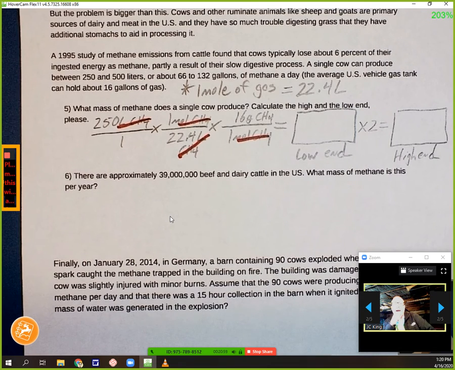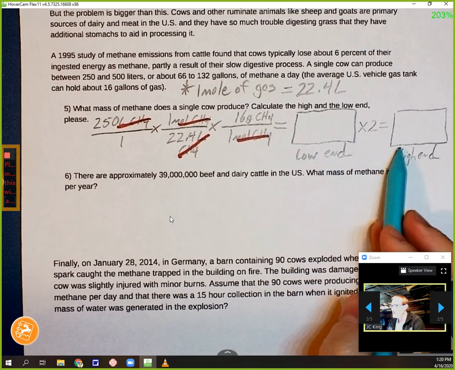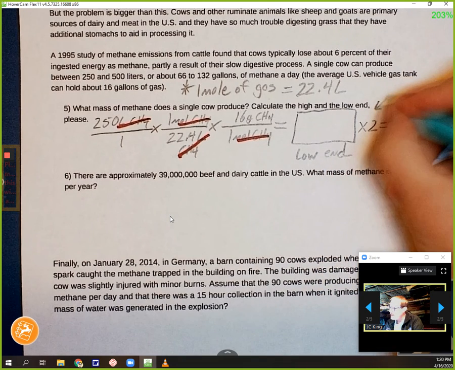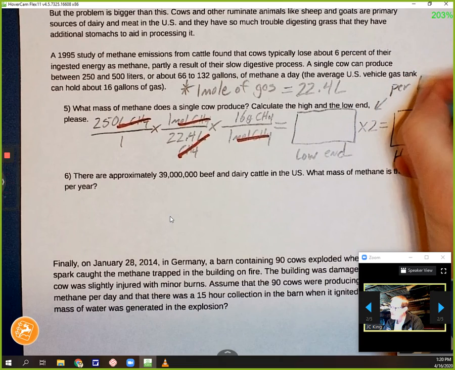For problem 6, it says we have about 39 million beef and dairy cattle in the U.S., so what mass of methane would this be per year? So what you're going to have to do is take one of these two answers. Now one of these two answers right here is per day for 1 cow.